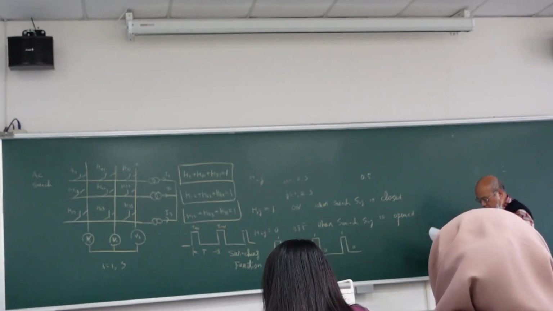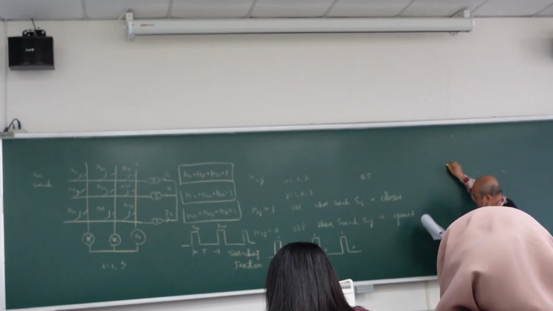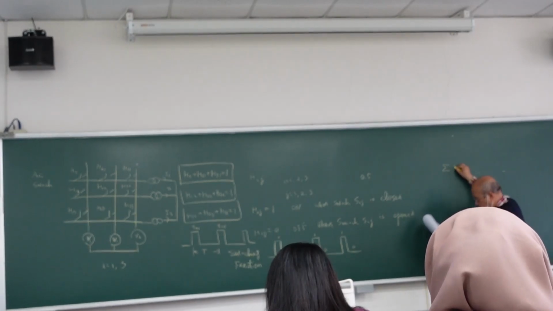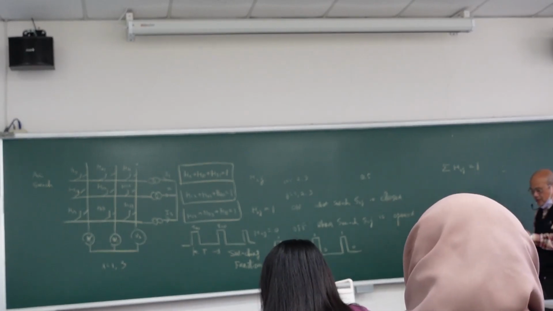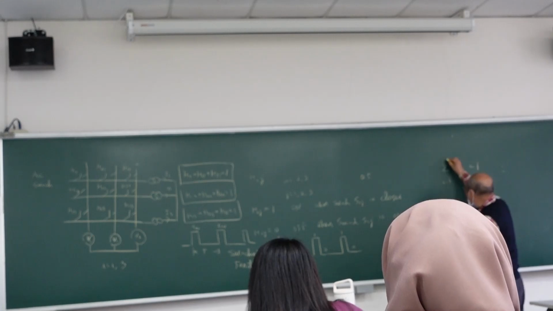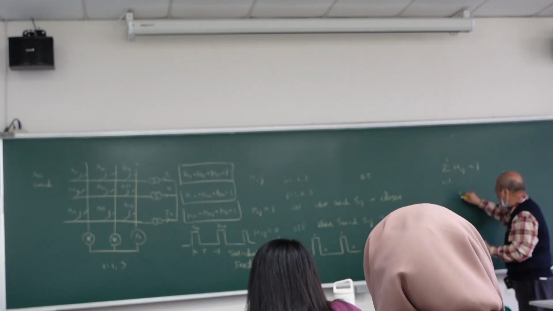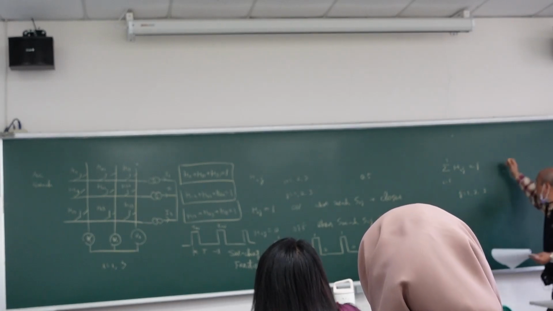So how can we describe this? We can say this is a summation, i from 1 to 3, and the j could be 1, could be 2, could be 3.